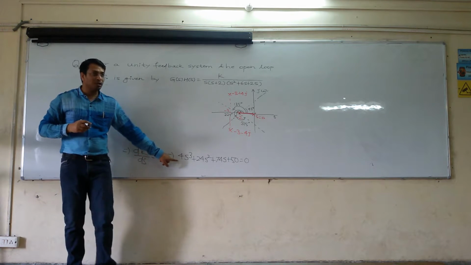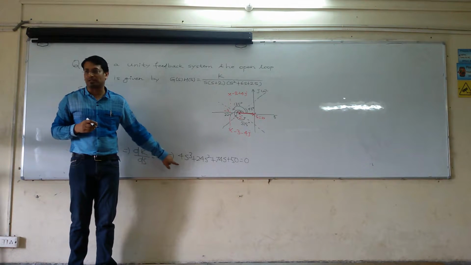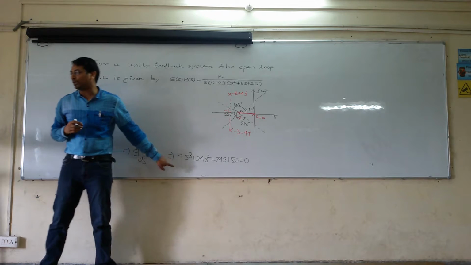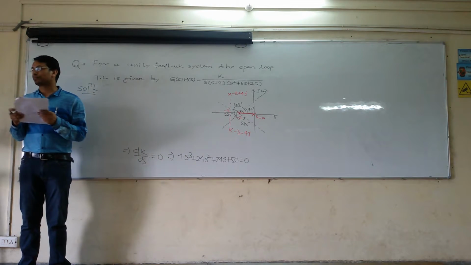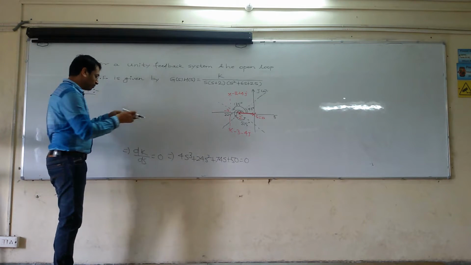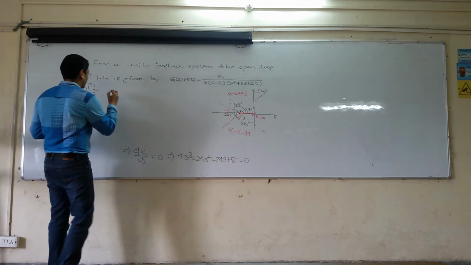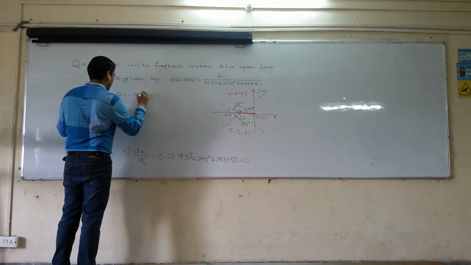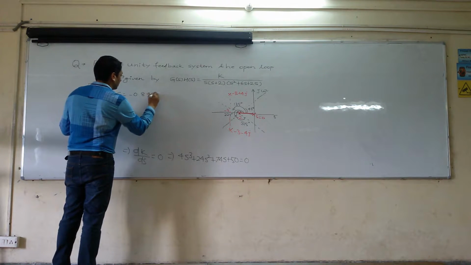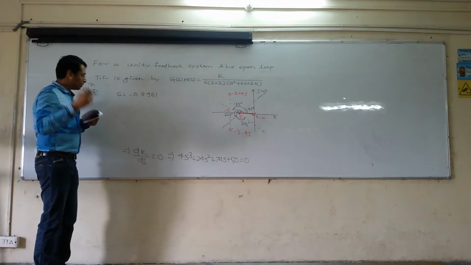Please use your calculator to solve the cubic equation and let me know the values. One of the values I have written is s equal to minus 0.8981. What is the other value?